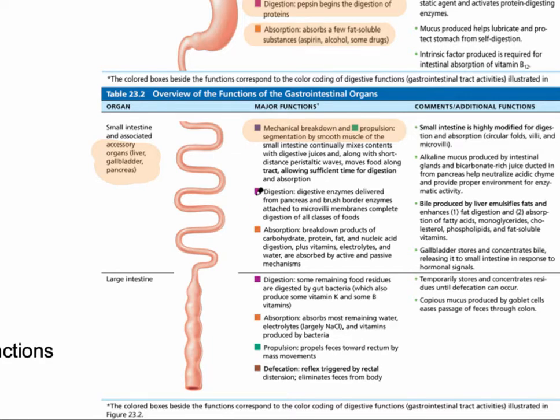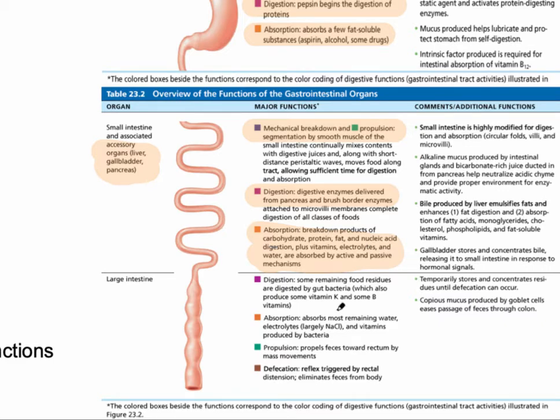Digestion from the enzymes, not only from the pancreas, but also the brush border enzymes, which are released from the individual cells that are attached to the microvilli membranes. Then finally, absorption. This is the main location for absorption, the small intestine, specifically the first part of the small intestine, called the duodenum.